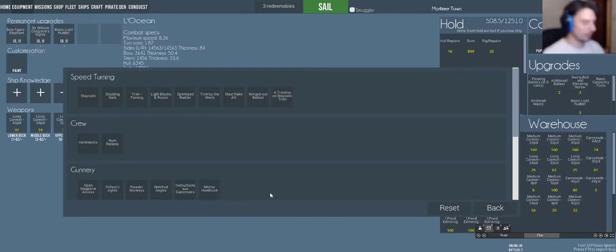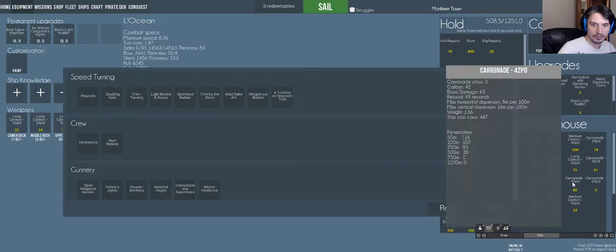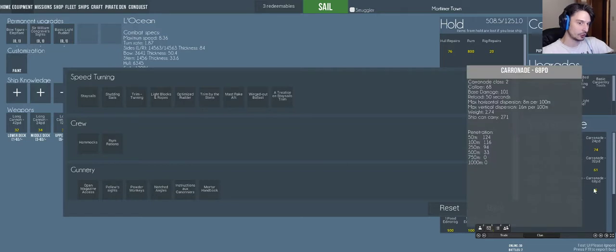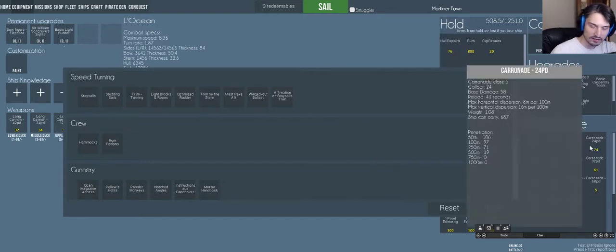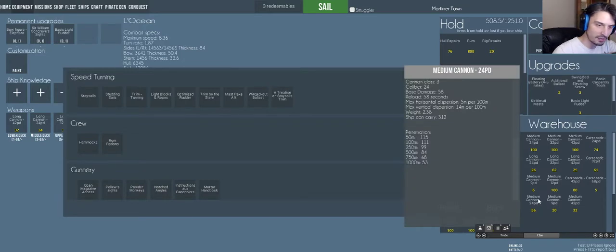So carronades are just a different type of cannon. You know how there's the medium cannon, the long cannon. If you hover over the guns that you want to look at, you can see their stats and it'll tell you a lot about them. But the carronade is basically a shorter range gun that has a lot more power up close. The equivalent of, say, a 6-pound regular cannon, the carronade equivalent I think is 18 pounds.